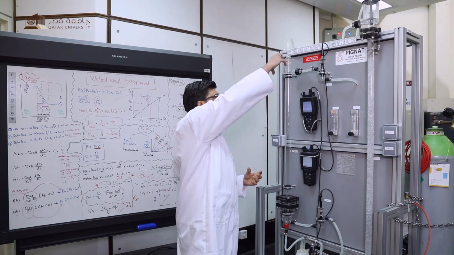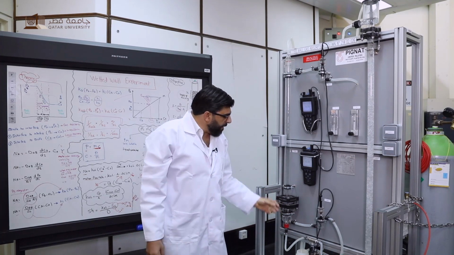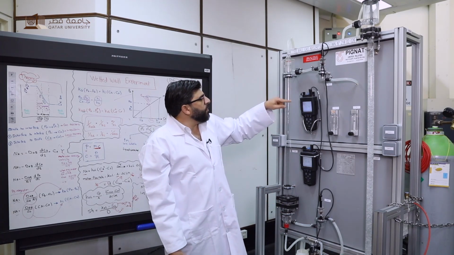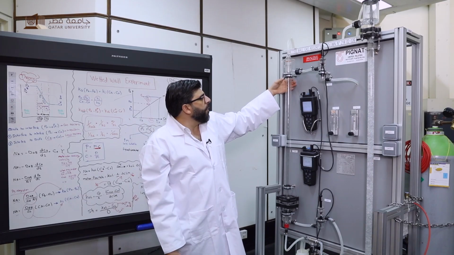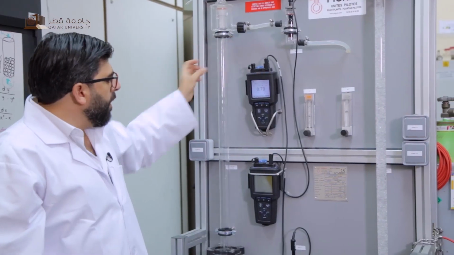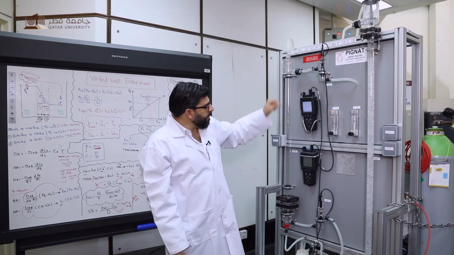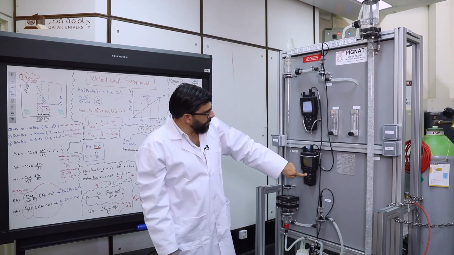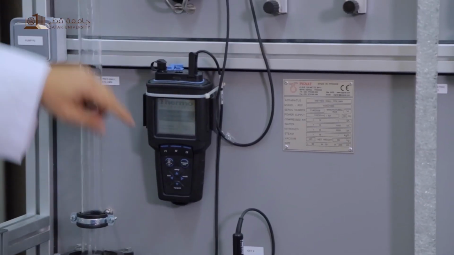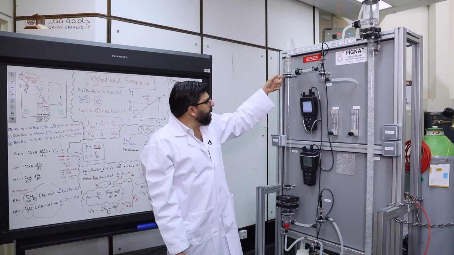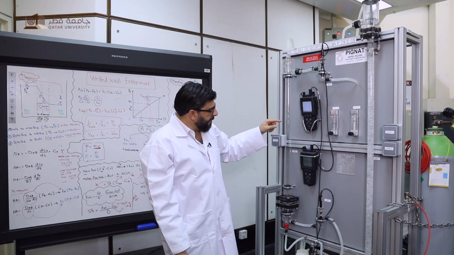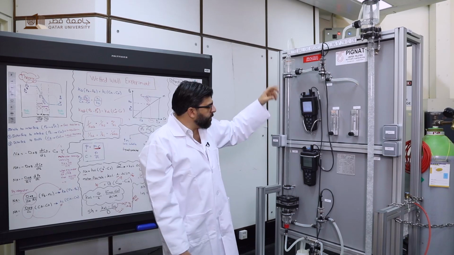So we have water from the top and air from the bottom, and as you can see, the water is flowing through the wetted wall column. Water is coming and air interacts counter current with the water.